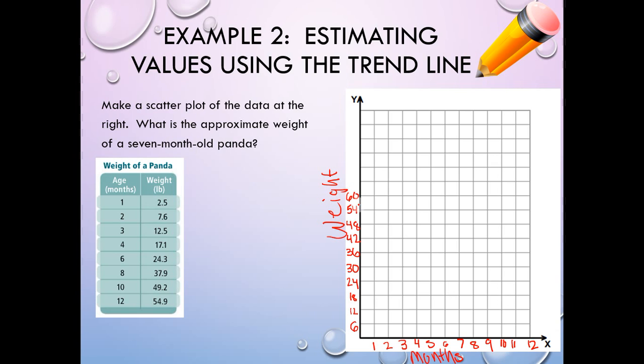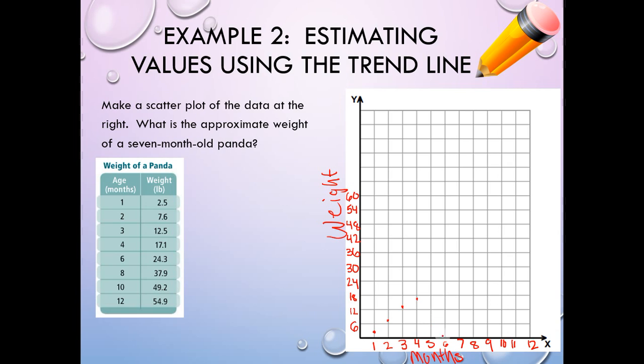Do I have anything above that? Nope. All right. So first month, I'm at 2.5 pounds, which is almost 3. 2 is 7.6, so I'm just over 6. 3, I'm at 12.5, so I'm just over 12 there. 4 is 17.1, so about there it looks like.